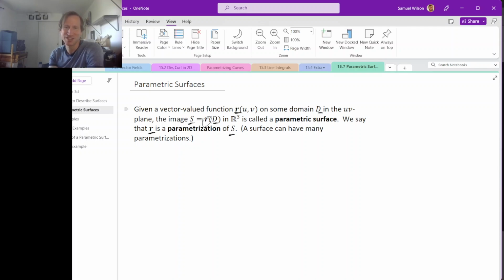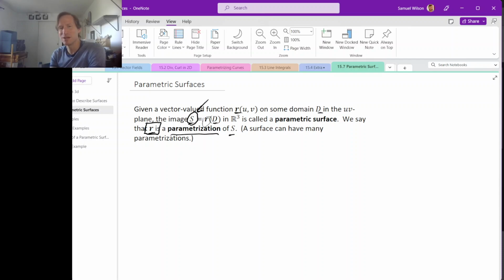So the image is everything that comes out of your parametrization. I am being careful to distinguish between the collection of points that you get, which is the parametric surface, and the function that we are using to trace out this parametric surface. That's r, that's the parametrization.